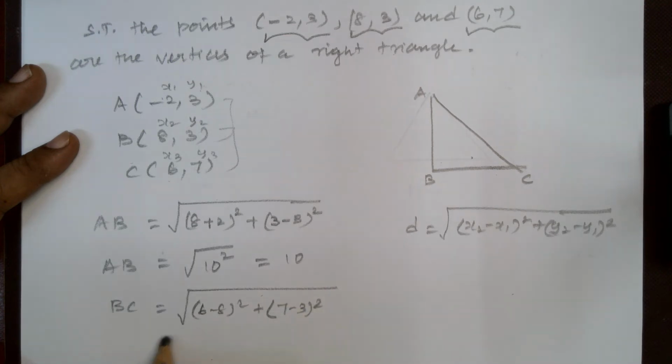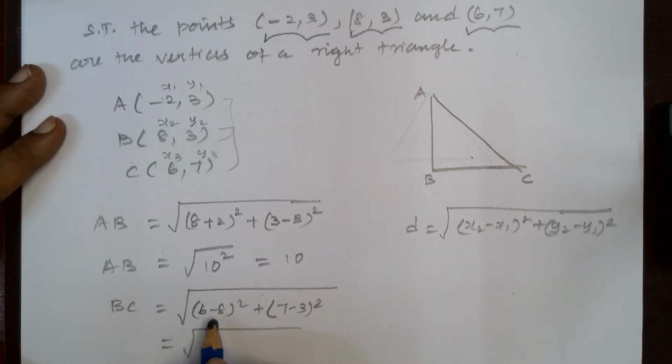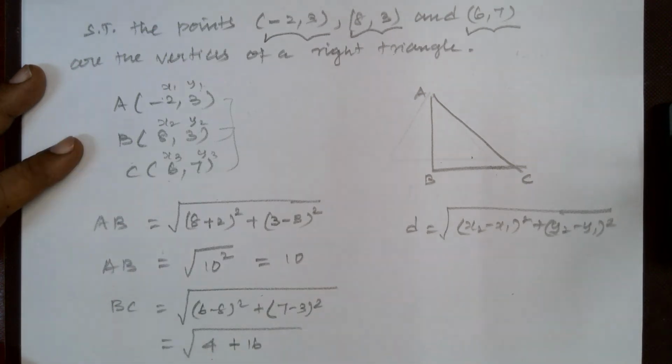So that is equal to minus 2 the whole squared plus 4 squared. 7 minus 3 is equal to 4. 4 squared is how much? 16. Is it not? So this is square root of 20. Are you able to follow? So this is BC. And what about AC?